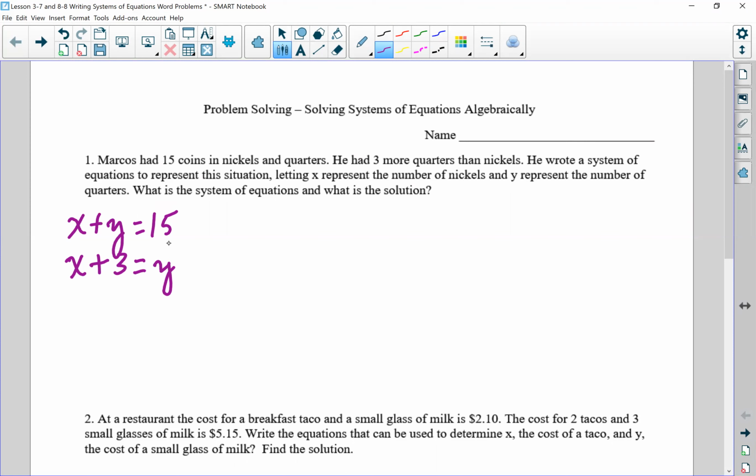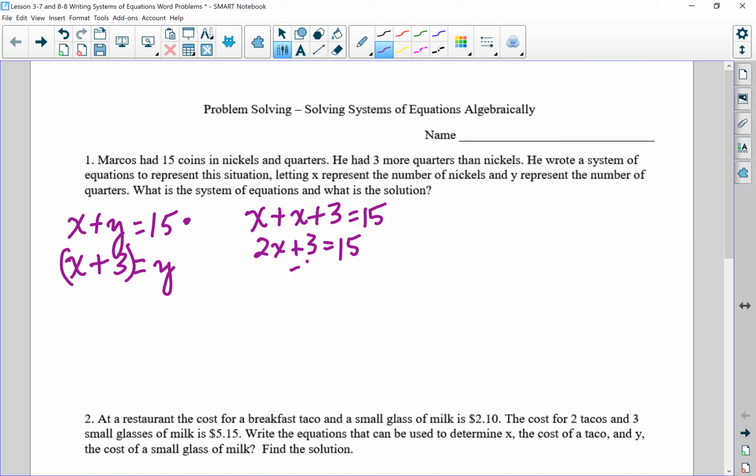Now we're going to solve them algebraically. I did this by putting this expression into the first equation. You might have solved it differently, but that's all right. So we do x plus x plus 3 equals 15, which is 2x plus 3 equals 15.